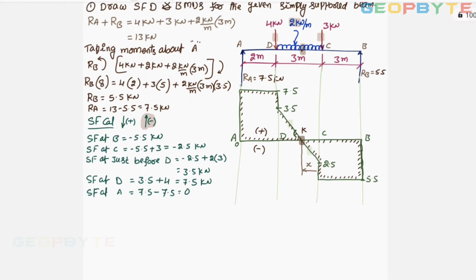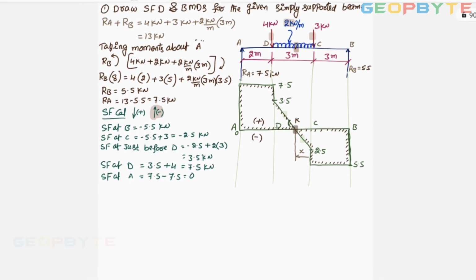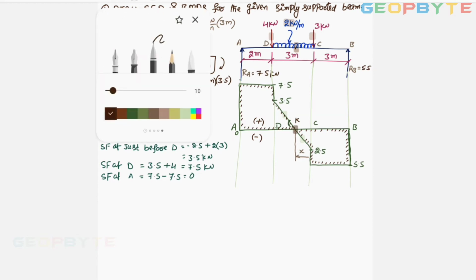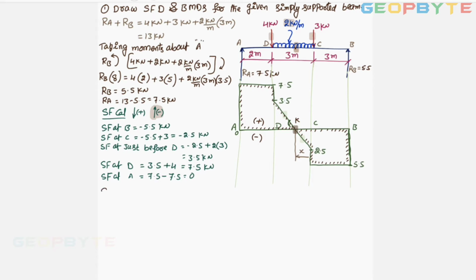For that, let us find the shear force at K. What is the SF at K? Definitely SF at K equal to 0, because at that K the shear force diagram is changing its sign from negative to positive or positive to negative.